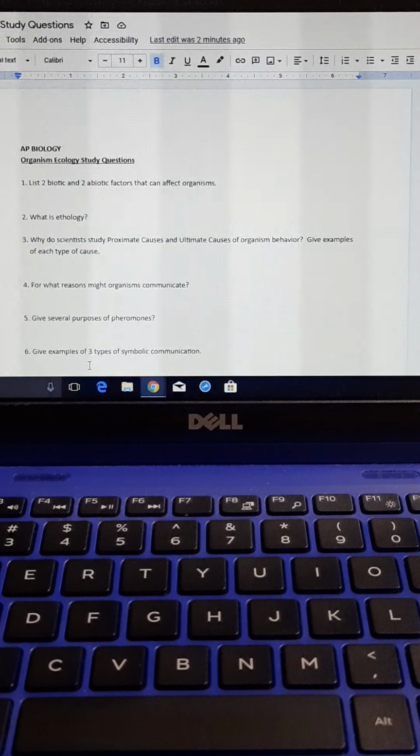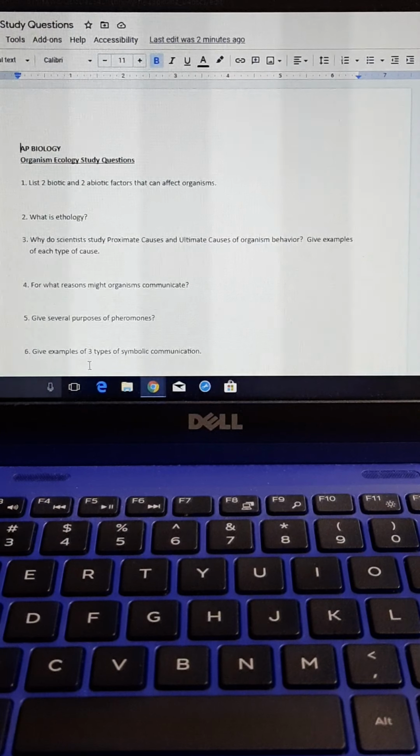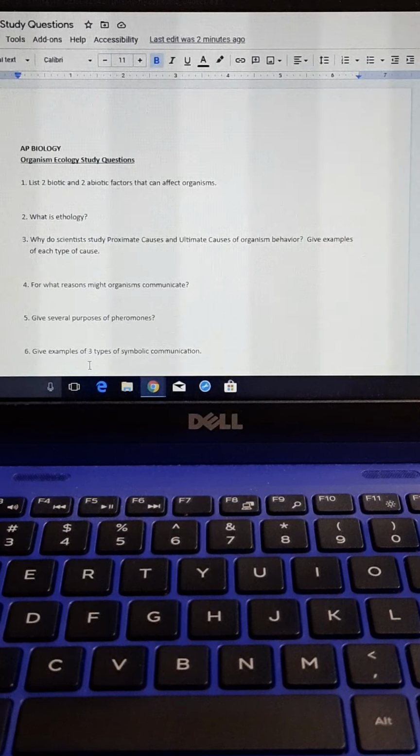So biotic factors could be different animals living in the same area. Abiotic could be the temperature of the area, which could affect the organism. Maybe the minerals in the area also affect the organism, like a plant, where the minerals would have an effect on the plant's growth.